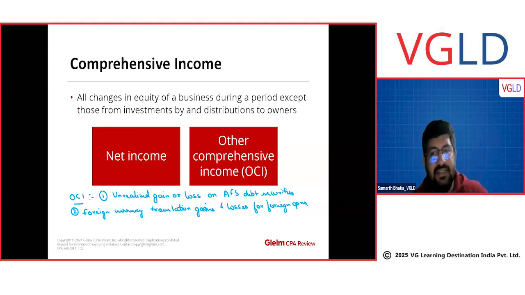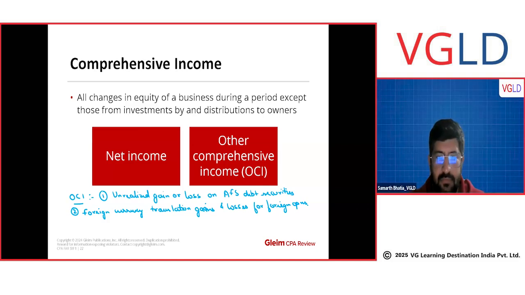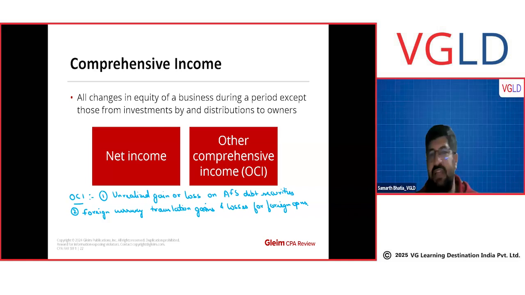Does anyone have an idea what a foreign currency translation gain or loss is? When we convert our financial statements into the reporting currency, any changes deriving from that. Okay, that's absolutely the correct answer.